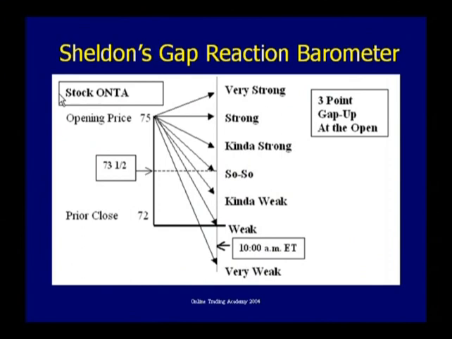Now, we've already talked about this, but I'll go back through it real fast. We kind of did this tongue-in-cheek. This was Spencer Sheldon's gap reaction barometer, okay? And here we have a gap up. The prior close was 72. The thing has opened up at 75. So if we get a fill to about 38.2 or less, then it's technically kind of strong, okay?